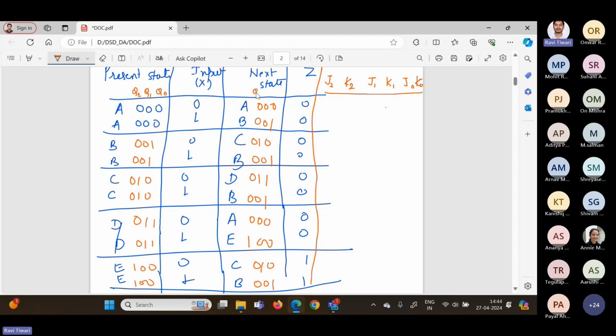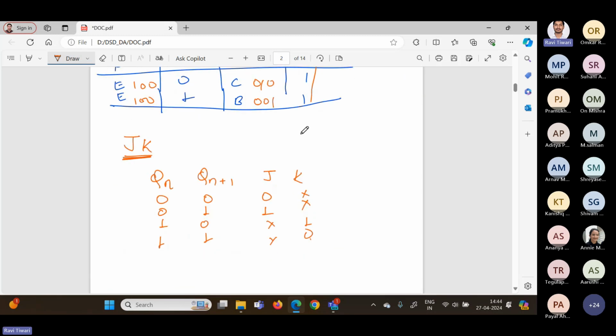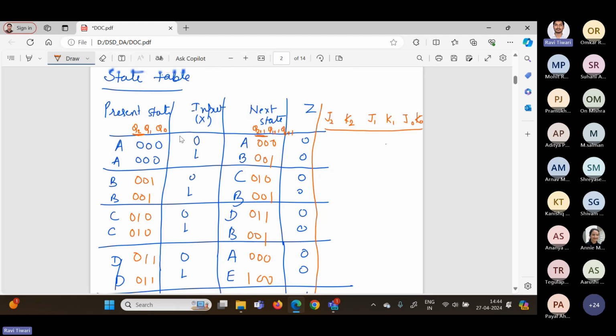Similarly, this is Q2 plus 1, this is Q1 plus 1, this is Q0 plus 1. Just to tell that this is the present state and this is my next state. So now you compare Q2 and Q2 plus 1 based on the excitation table of JK flip-flop.